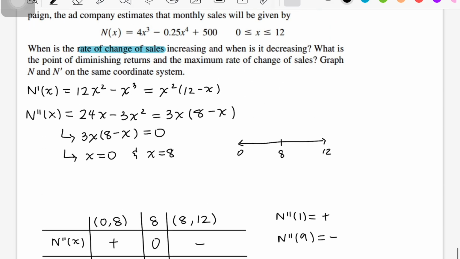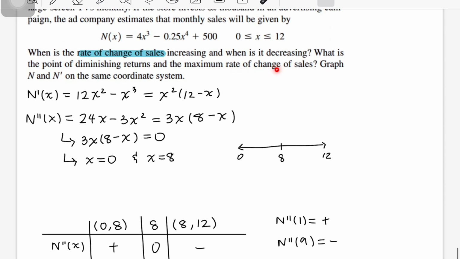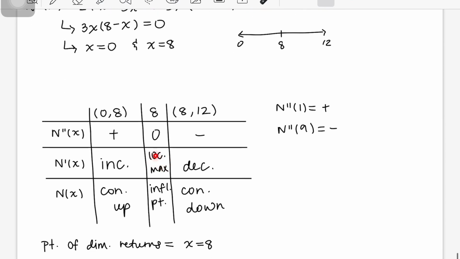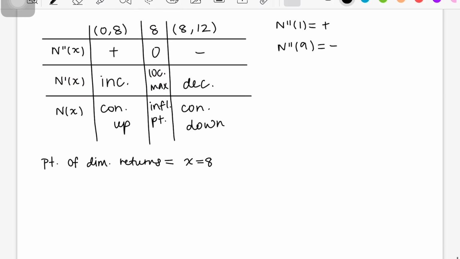And then we know that our maximum rate of change also occurs when x is equal to 8. So our maximum rate of change is going to be 256 TVs.